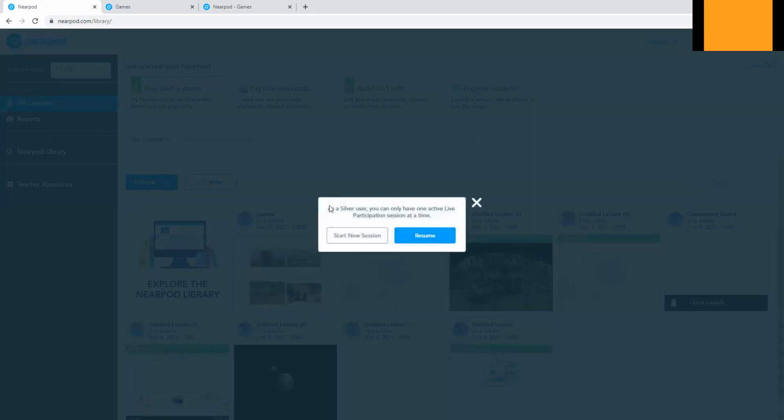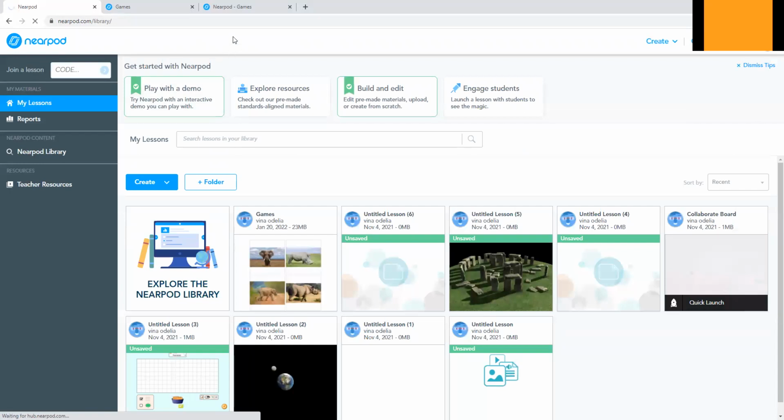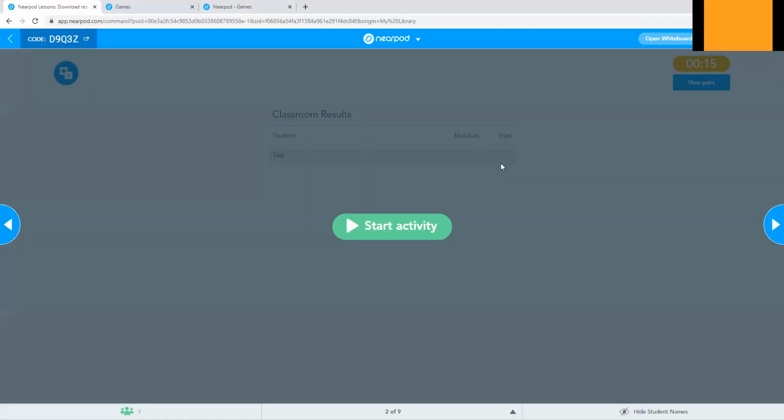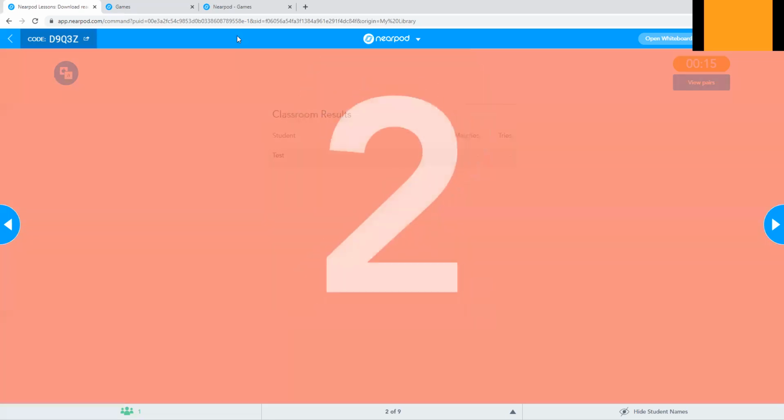And this is the view that the teacher will see. Now we can only see one person, and that is this test one. Now let's start the activity.